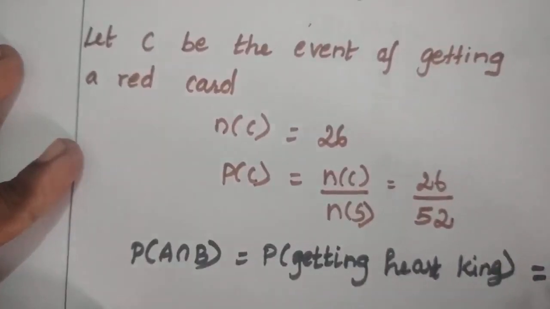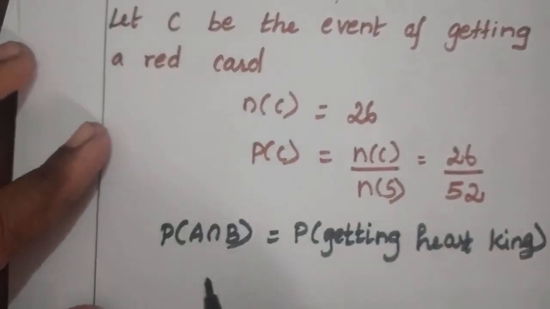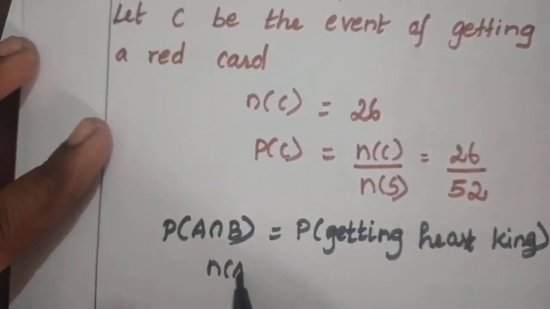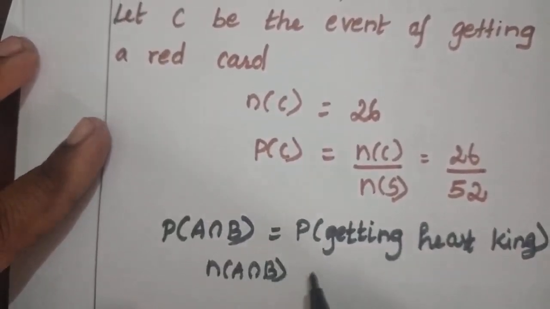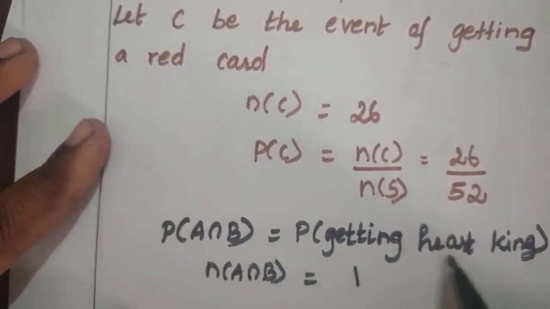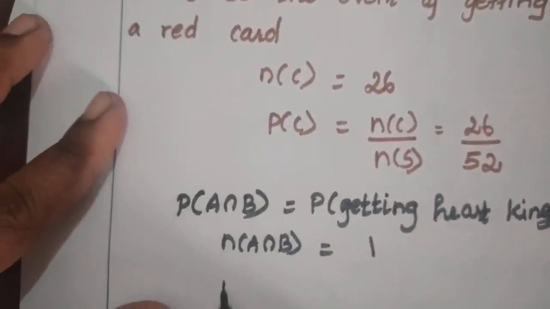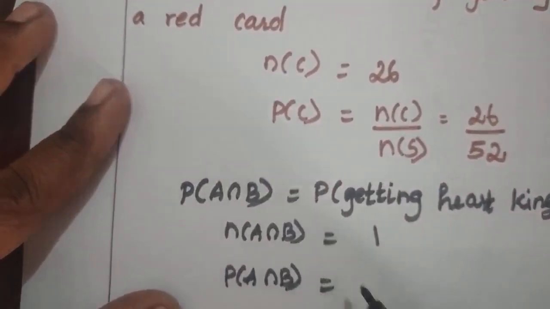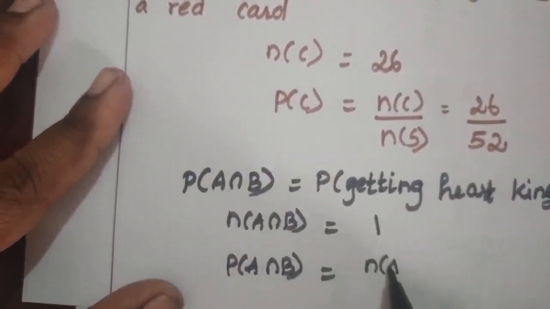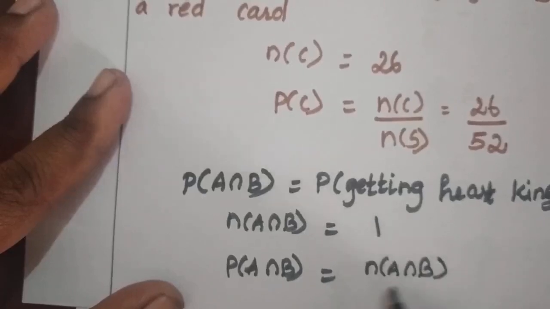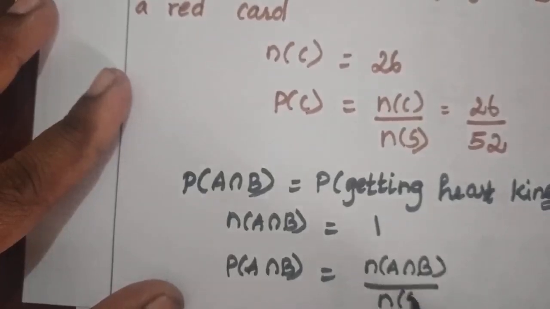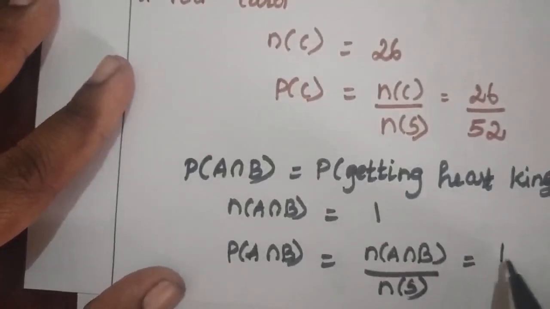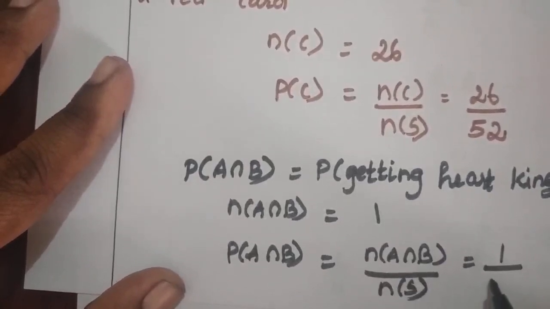So what is n of A intersection B? n of A intersection B is equal to 1, because there is only one heart king. Now we have to find P of A intersection B, which is equal to n of A intersection B divided by n of S. Now substitute the values here, which is equal to 1 by 52.